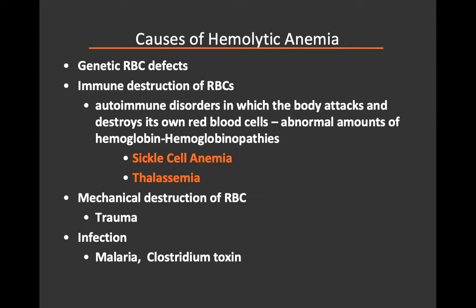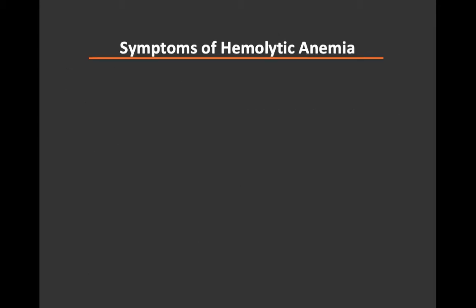Infection, so malaria is one. Clostridium releases a toxin, and there are other bacteria that can do the same thing, causing hemolysis of red blood cells. Snake bites are a big deal as far as hemolysis is concerned. And then certain drugs that we can take, legal or illegal, can cause hemolytic anemia.